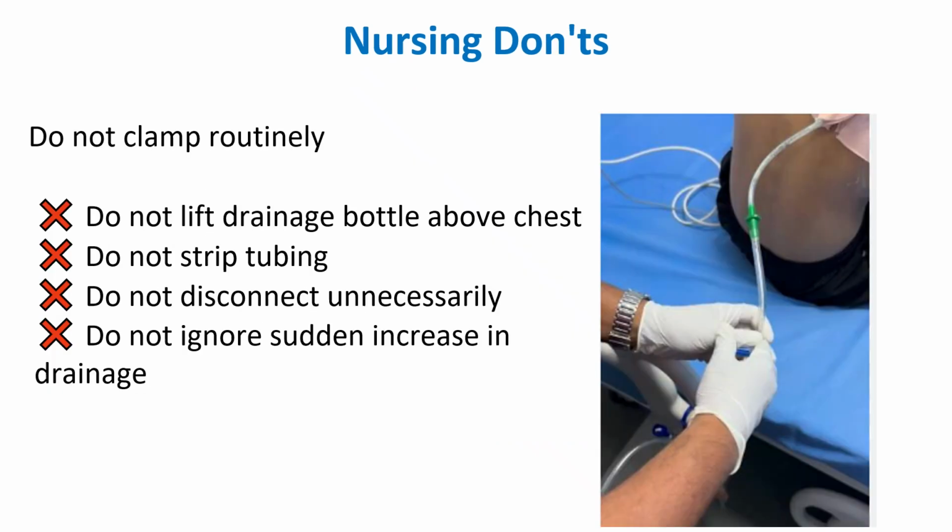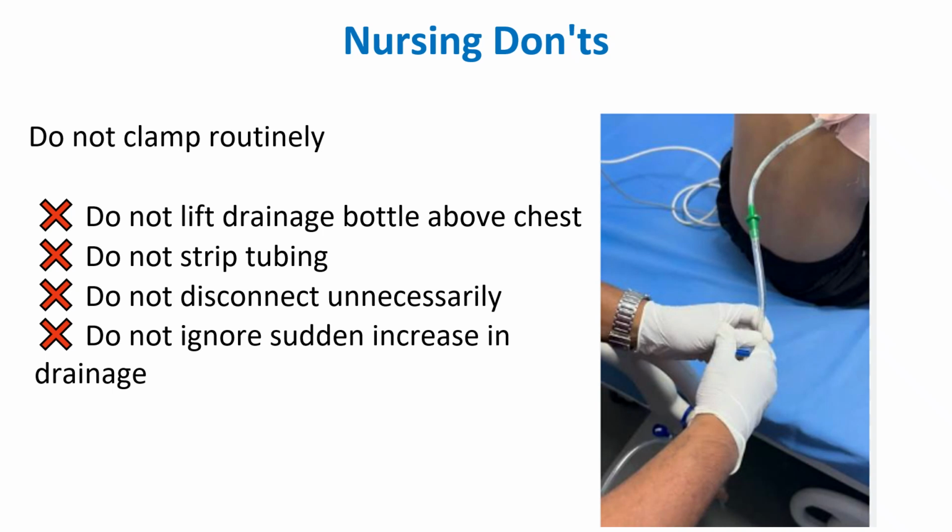What are all the don'ts? Do not clamp routinely. You should not clamp the ICD routinely. Do not lift the drainage bottle above the chest level. It should always lie below the chest level. Do not strip the tubing. What do you mean by stripping? In some setups, if the patient has blood collection and the tube is connected with bloody or clotted blood, they will do milking.